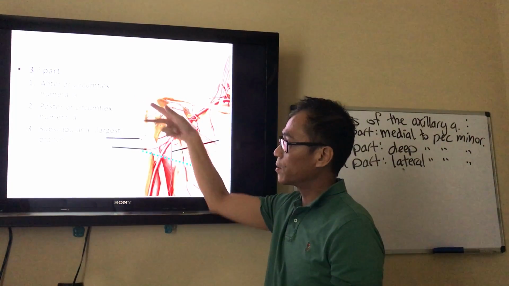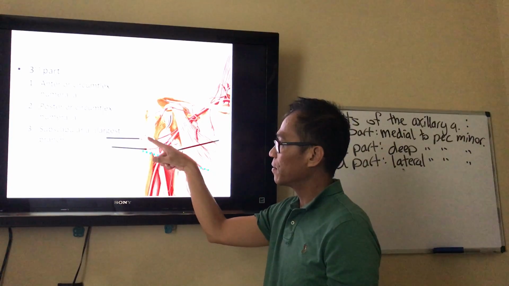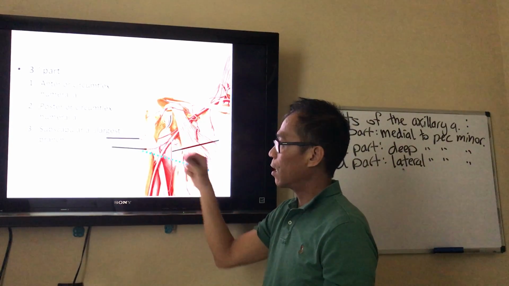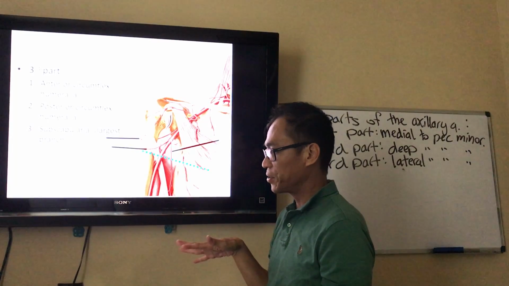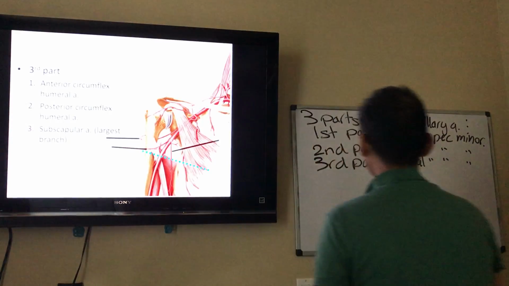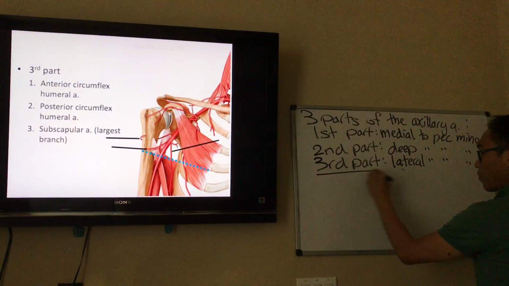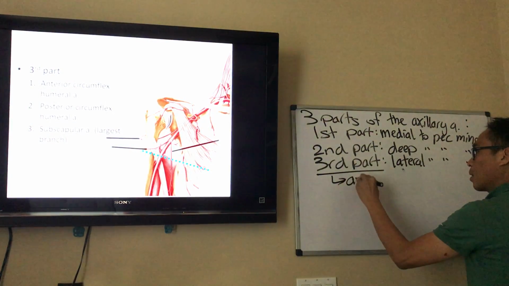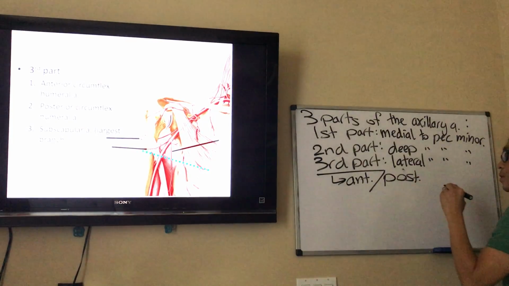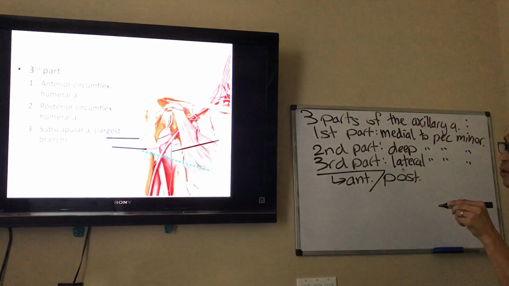Normally, those 2 arteries kind of meet. They kind of connect and form a loop around the surgical neck. I don't like that this picture doesn't show that, but you'll see it on models, so let's just note them. So 2 of the 3 branches you got to know, the third part, are anterior and posterior circumflex humeral arteries.